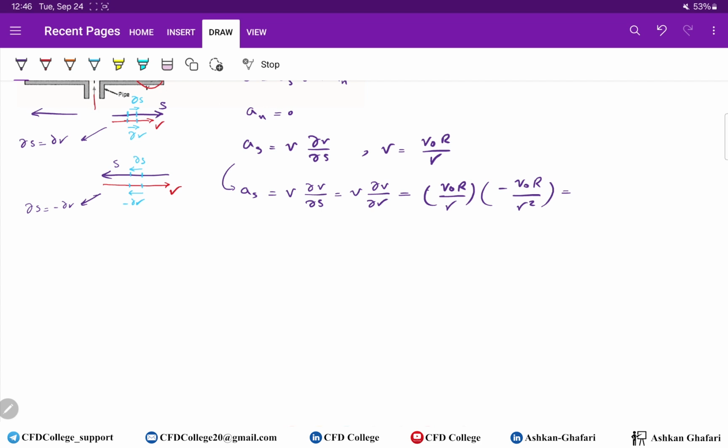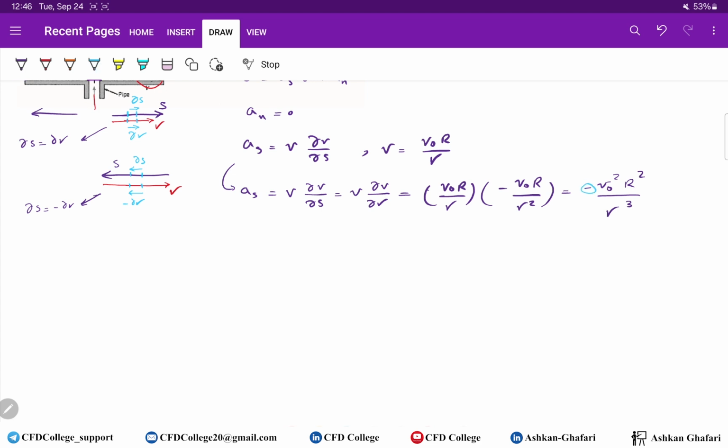So the acceleration in streamline direction equals minus V naught square R square divided by the coordinate, the lowercase r to the power 3. Acceleration has this negative sign.